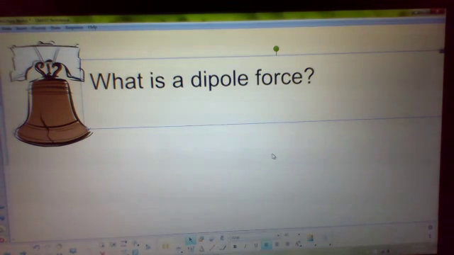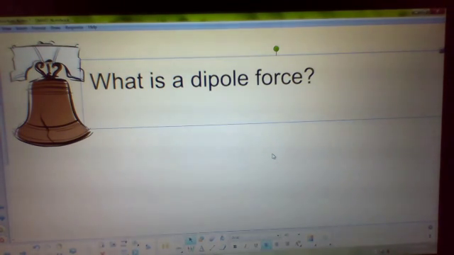So one element having a positive, one element having a negative, or even within the same element or compound having a positive and negative. As long as they're equal but opposite, it's called a dipole force. And we'll do a whole lab on that next week when I can go over this a little bit more in detail when I'm there.